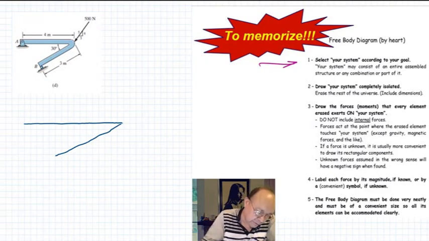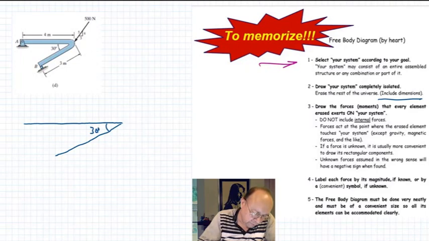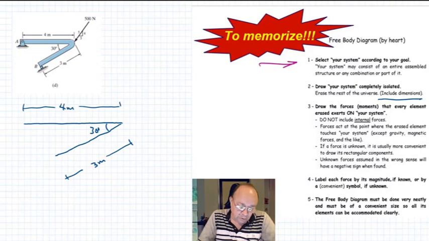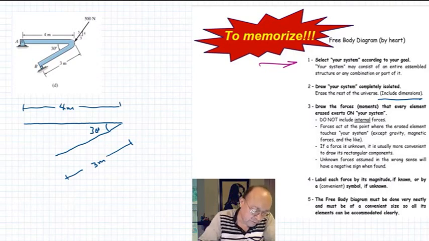This will be 30 degrees. Include the dimensions, so this will be 3 meters, and this will be 4 meters. Draw the forces and moments.